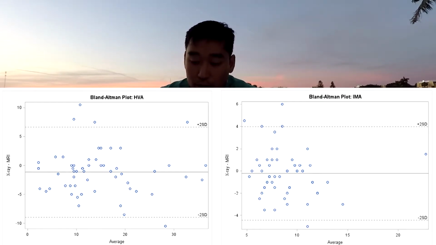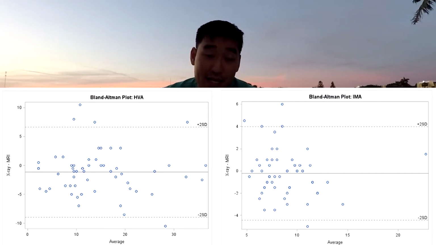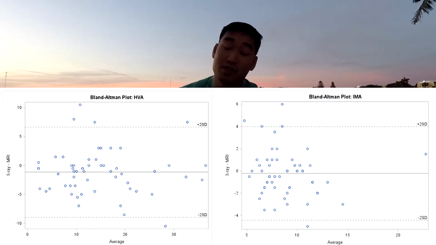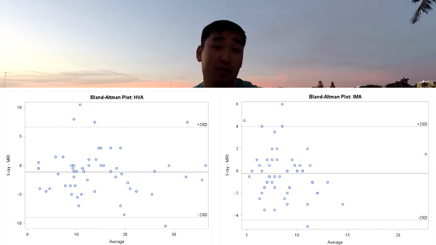As you can see in the plot, most of the sample of the 56 patients fall within the 2 standard deviations. The paper stated that 91% falls within the 2 standard deviations of the hallux valgus angle and also intermetatarsal angle. So this plot tells you that MRI and X-rays are interchangeable, or they are at least within the 95% limit of agreement, based on the 2 standard deviations that most of the data falls under.